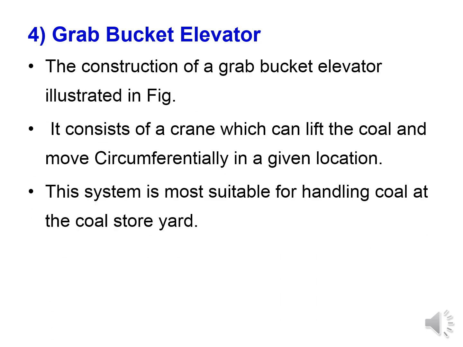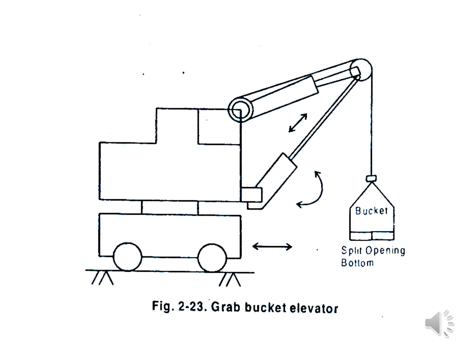Next is grab bucket elevator. Grabbing means picking. The coal will be stored in some buckets or some wagon or some tray, so that the elevator will pick that bucket and place it at the required angle. I will just show the diagram. See, this is the thing. Here the bucket will be there.